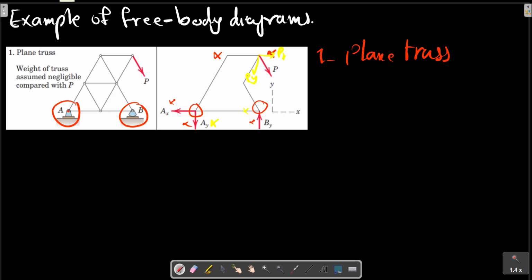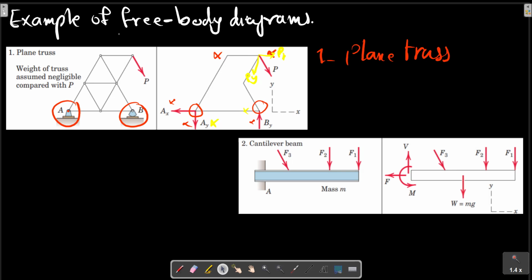The next example in this section is a cantilever beam. Consider this picture. Cantilever beam. In this example, the cantilever beam is secured to the wall and subjected to 3 applied loads as shown in the picture here.